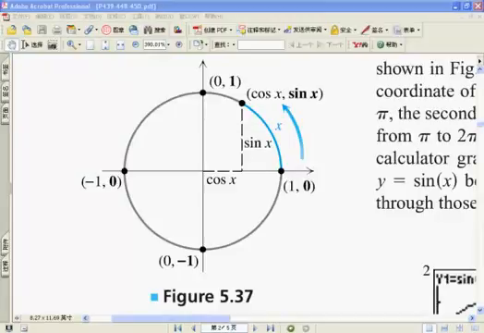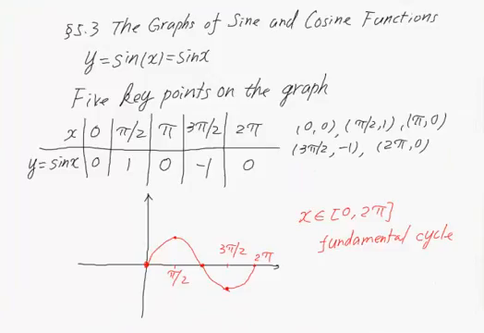That means sine of x plus 2 pi equals sine x, because x plus 2 pi and x have the same terminal side, so you have the same point of intersection and the same y value. So sine of x plus 2k pi equals sine x.